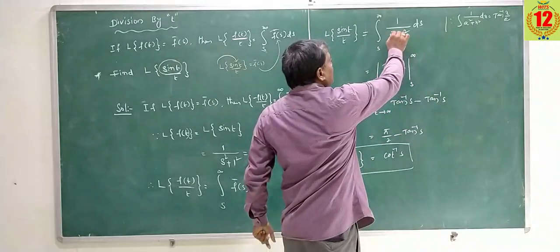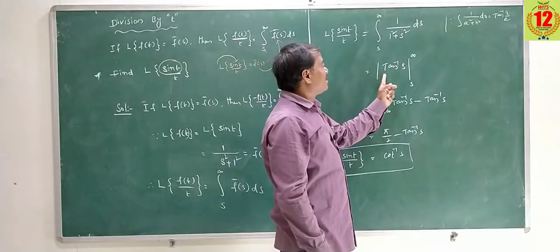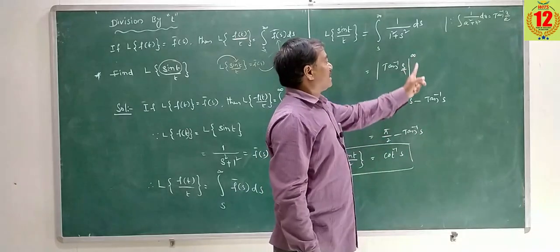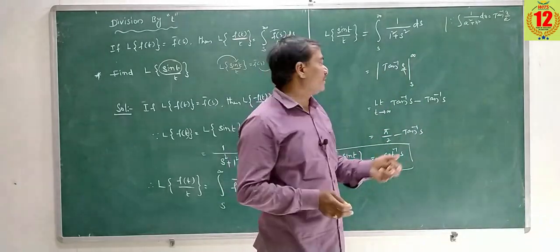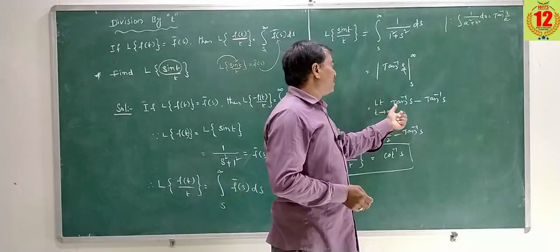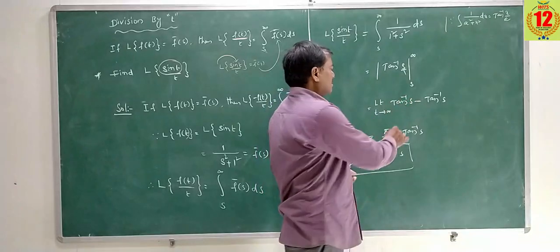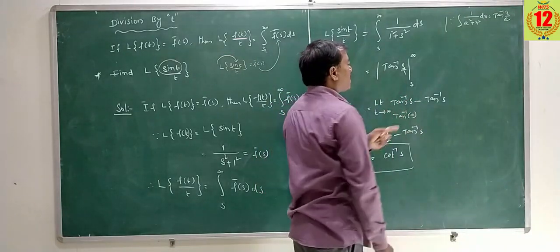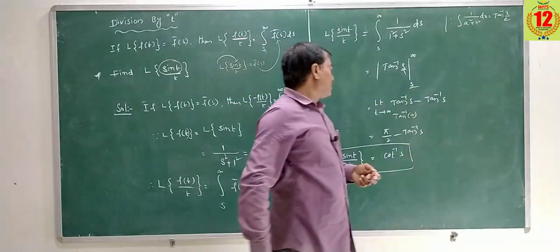So by using this formula, this integral becomes this form here. Why? Because this is of the form 1 by a square plus s square, and this is equal to tan inverse of s by 1. Now these are the limits, s to infinity. Then we have to substitute the upper limit and lower limit: tan inverse of infinity minus tan inverse of s, because s is the lower limit.